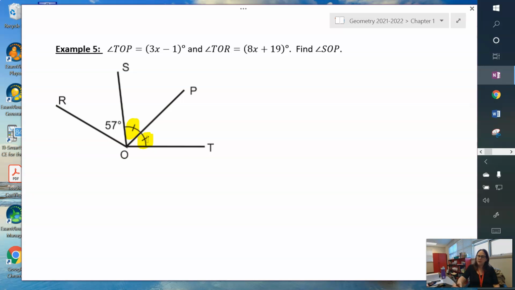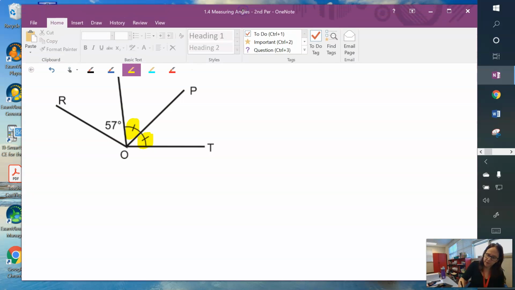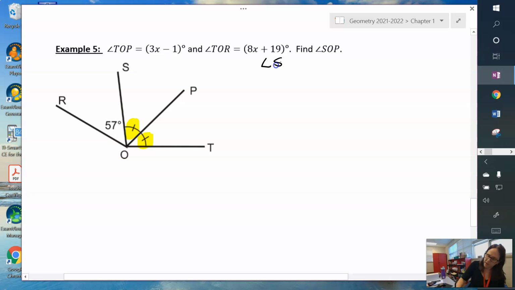So that means angle SOP is congruent to angle POT. Okay, they wrote TOP there, so I'm going to write it as TOP. Angle TOP. If they're congruent, their measures are the same.